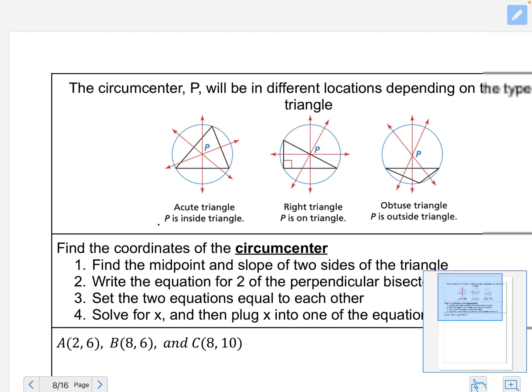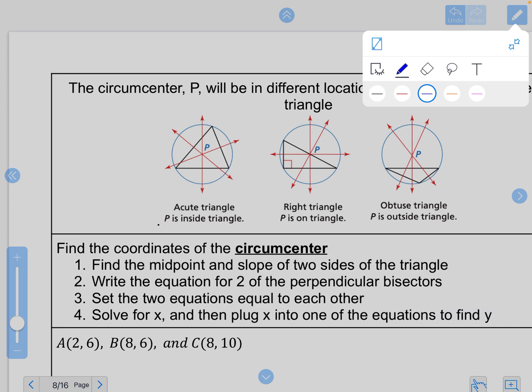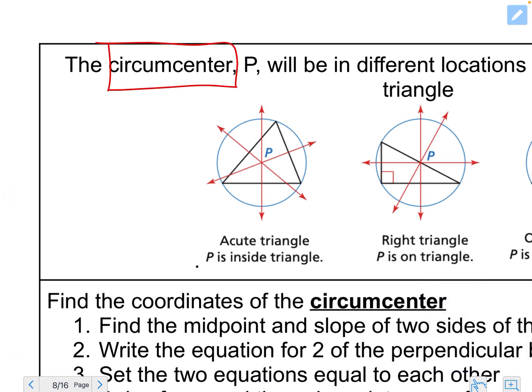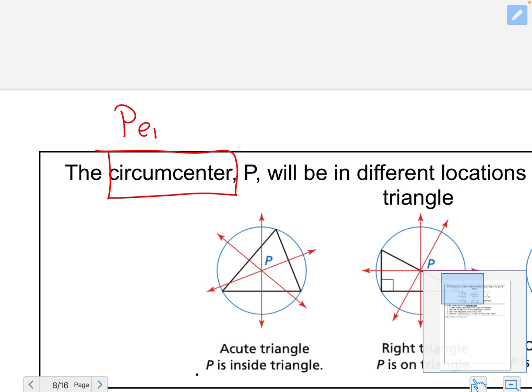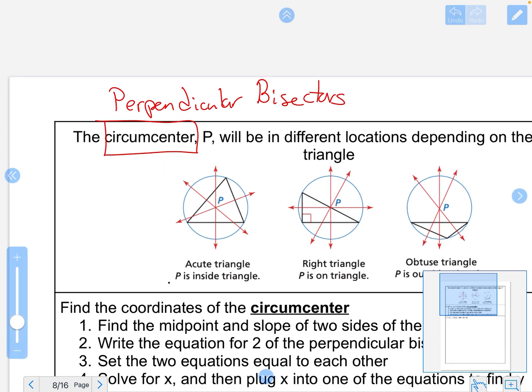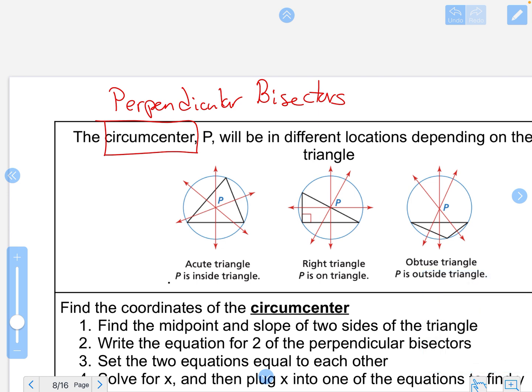All right. So now we're going to talk about our circumcenter. We need to remember that our circumcenter is perpendicular bisectors. So our circumcenter is where our 3 perpendicular bisectors meet.